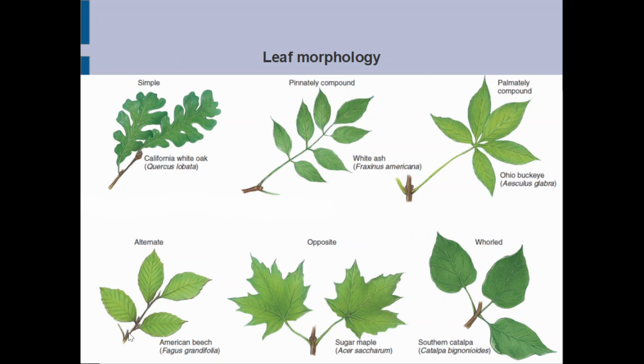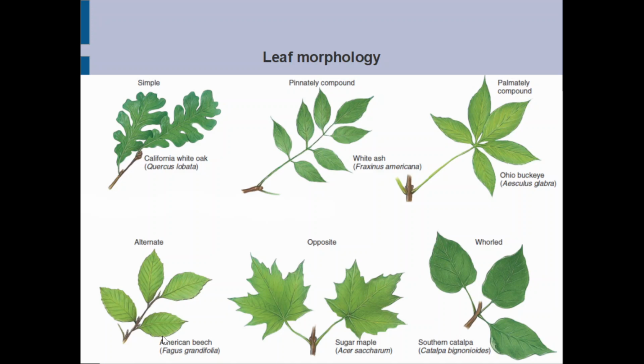So there is alternate arrangement. Alternate means that one on the left, then some space, and then one on the right. So alternate arrangement is most common, and this is an example of the American beech, or Fagus grandifolia. That means the species has large leaves.